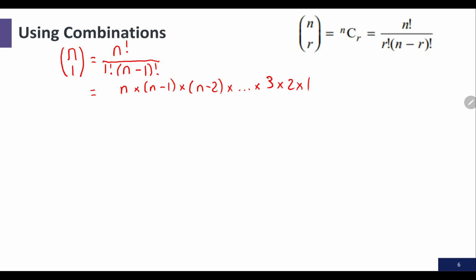And the denominator then, let's have a look. Well, 1 factorial is just 1, so it's just one lot of n minus 1 factorial. And what does n minus 1 factorial look like? n minus 1, n minus 2, etc.